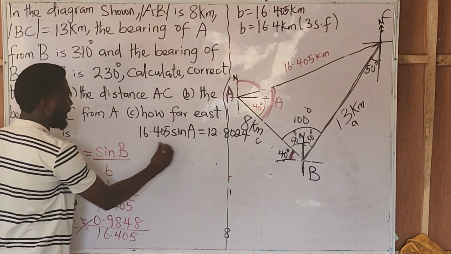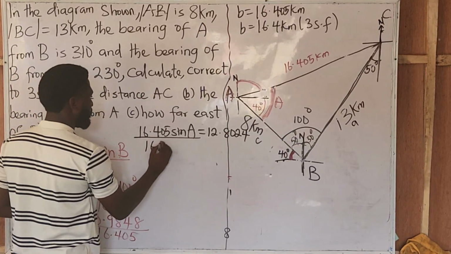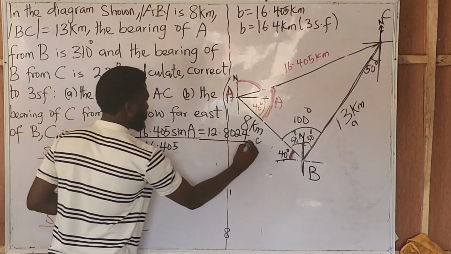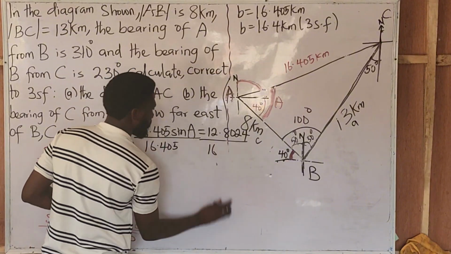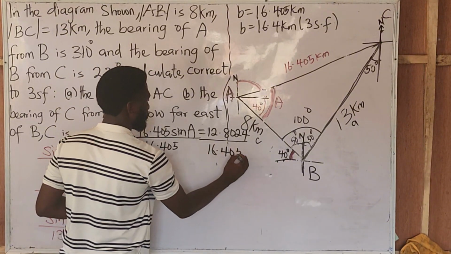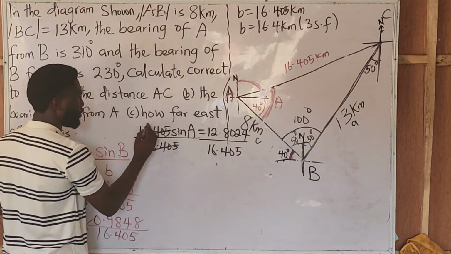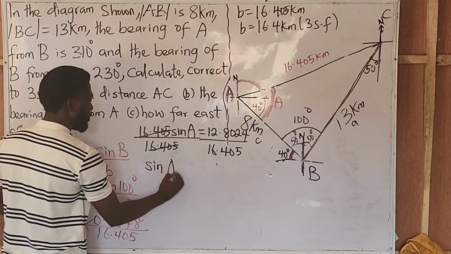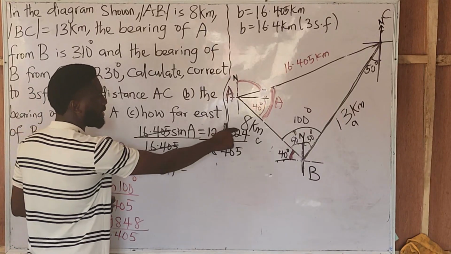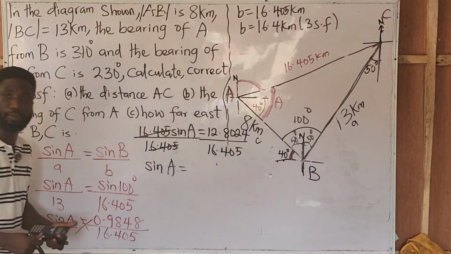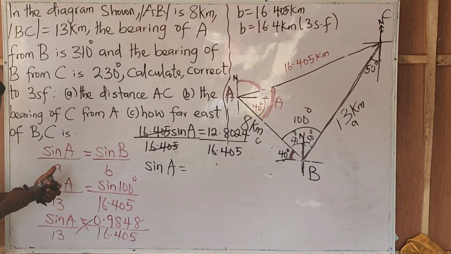So looking for sine A, divide both sides by 16.405. So this will get this cancelled. So we have sine A equals 12.8024 divided by 16.405.